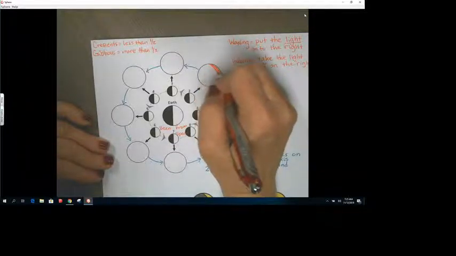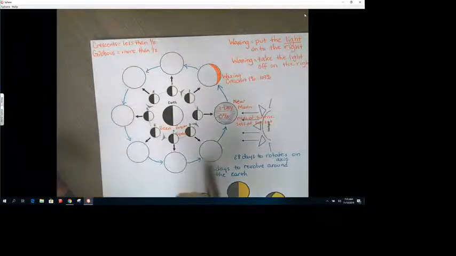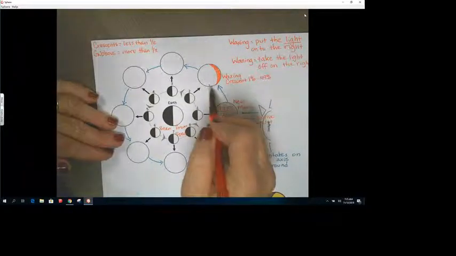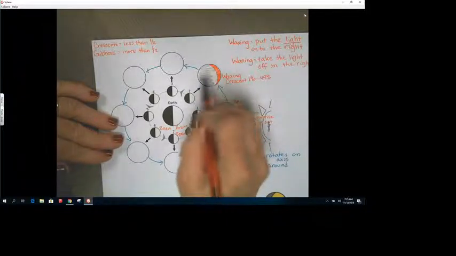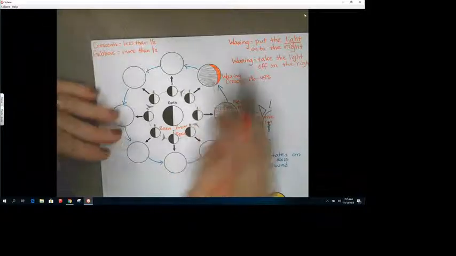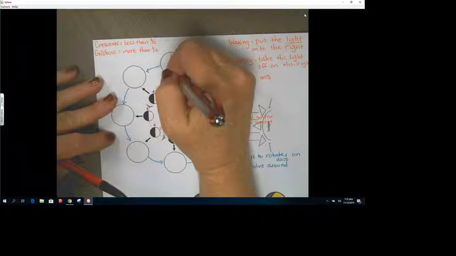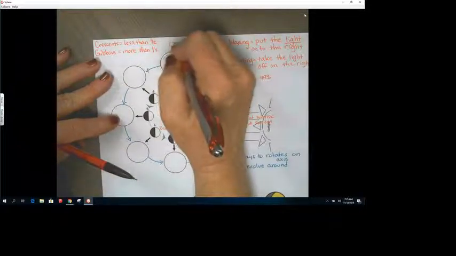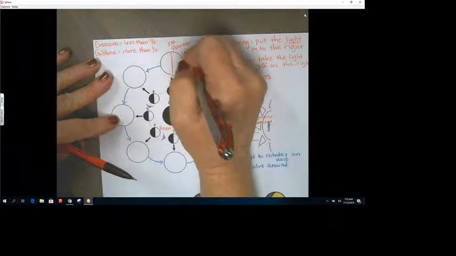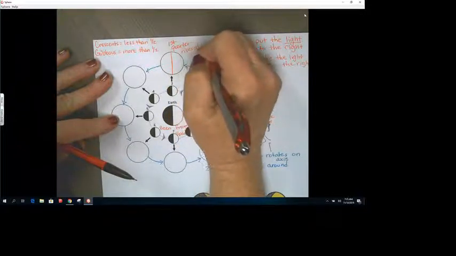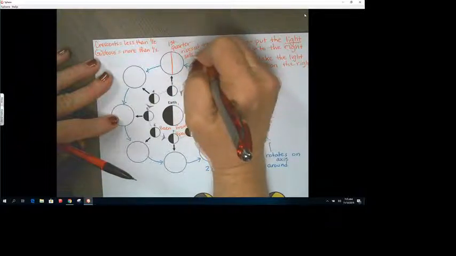Know that when you actually see luminosity data, it's not always exact. Okay? So we have this. This would be our moon phase here. Alright? Our first quarter rises at noon and sets at midnight.